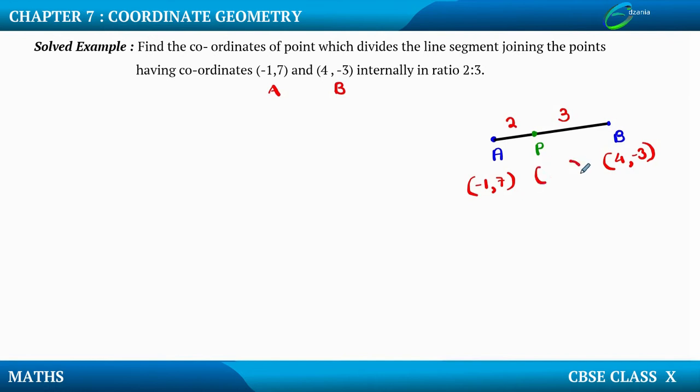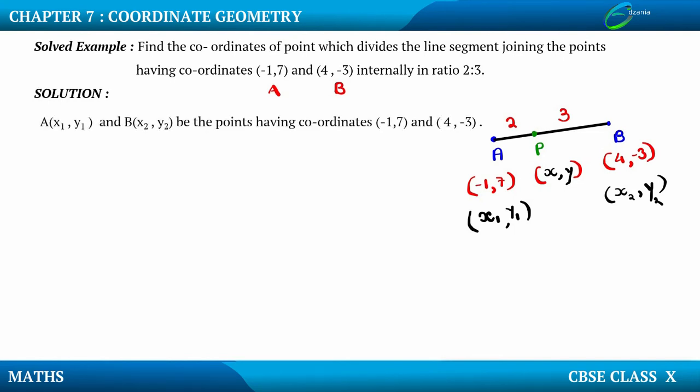Let the coordinates of this point P be (x, y). We know that we assume the coordinates of the first point as (x1, y1), so quite obviously we'll assume the coordinates of point A as (x1, y1), and we will assume the coordinates of point B as (x2, y2). Let us move on to the solution now.